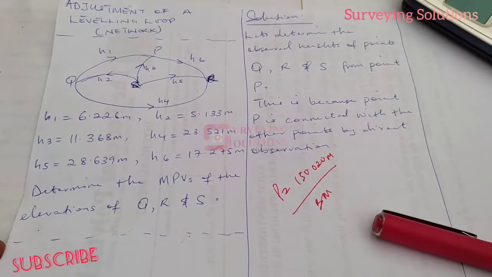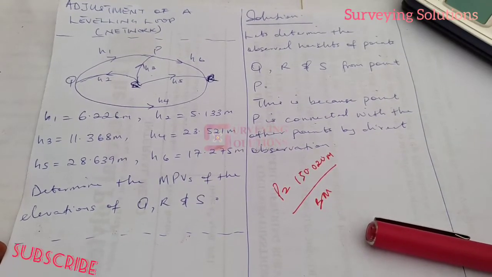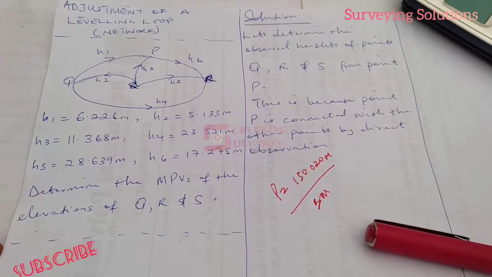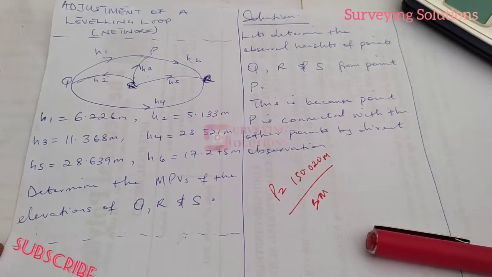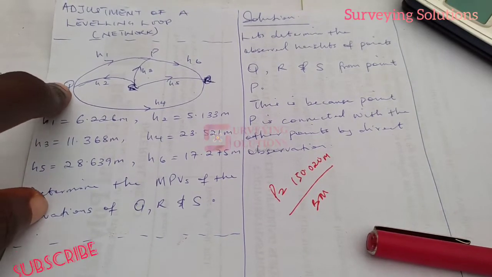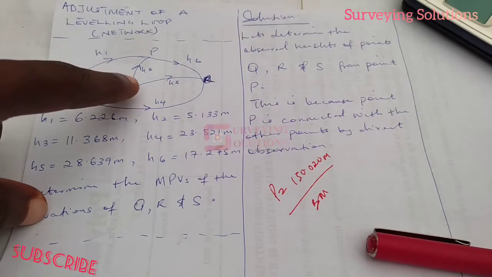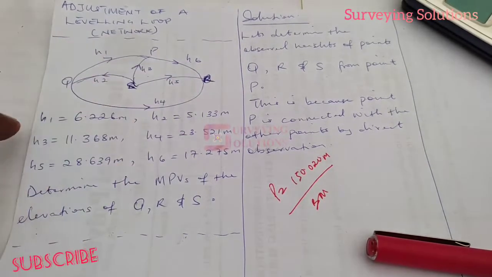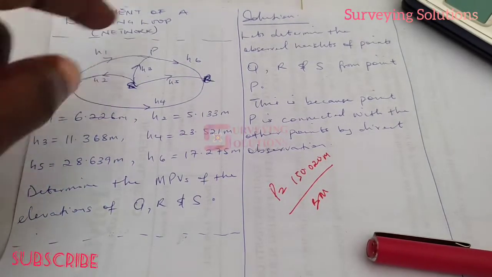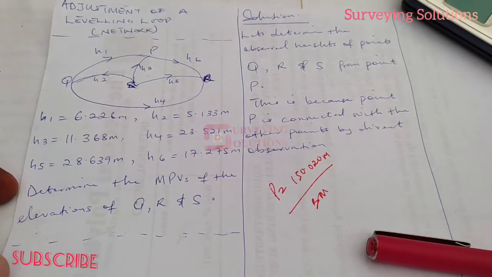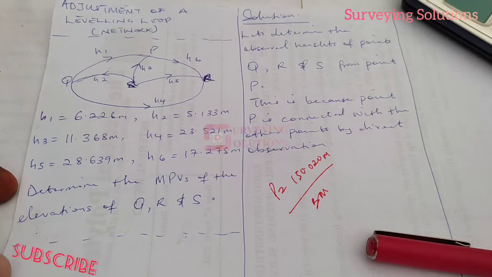The first thing is that we are going to determine the observed heights of points Q, R, and S from P. Now why are we doing that? Most of the time when you want to carry out leveling, you move from a known point to an unknown point, right? Good.